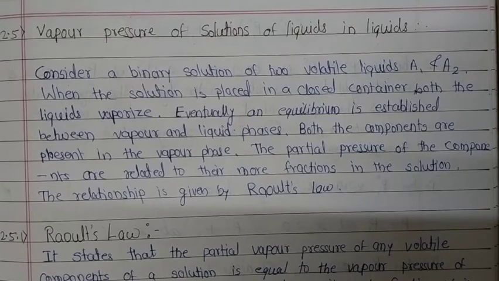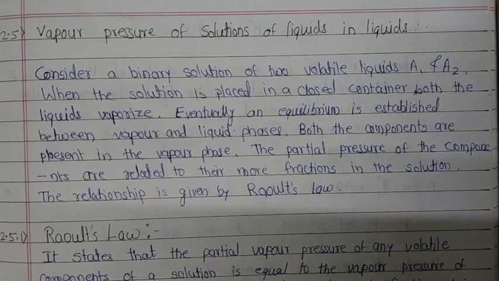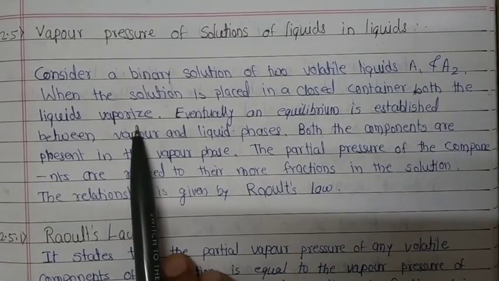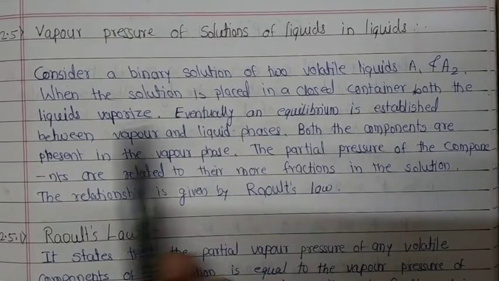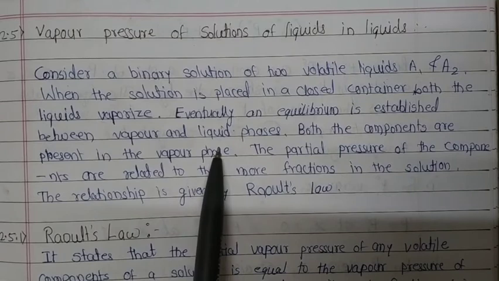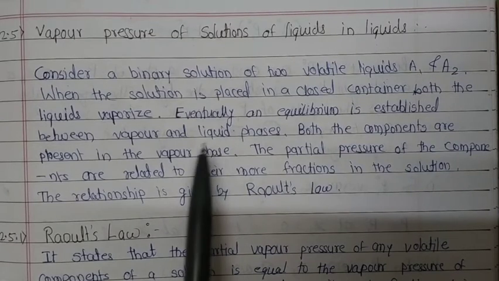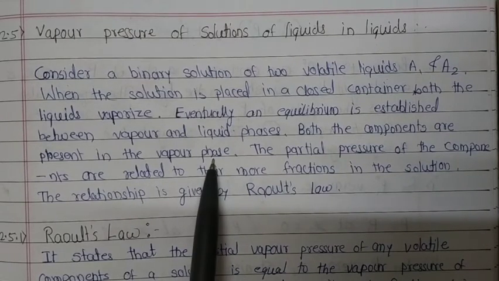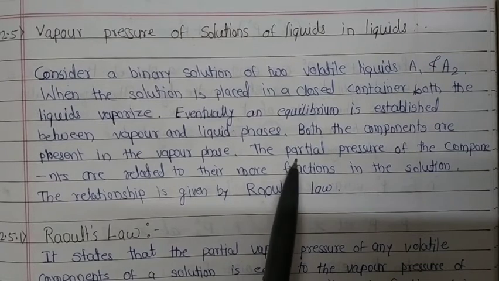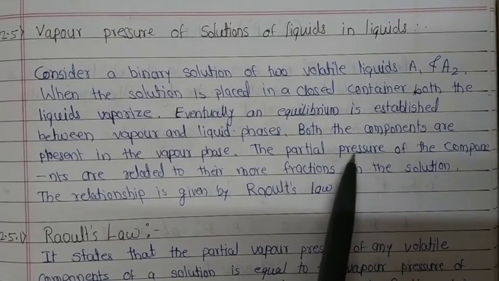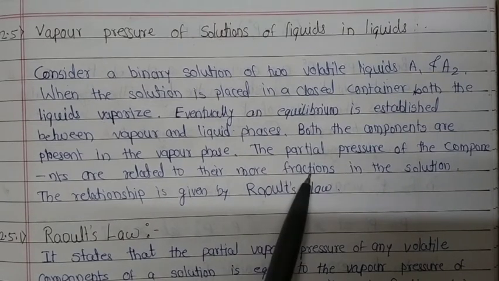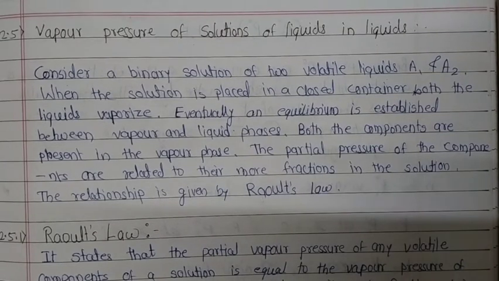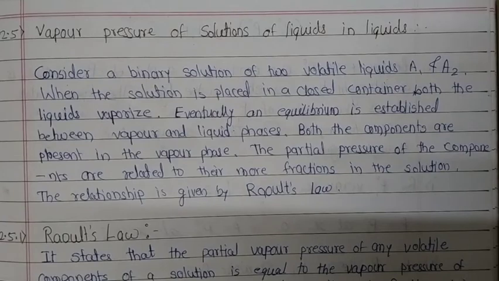As the liquids are volatile, both vaporize, and after some time equilibrium is established between the vapor and liquid phases, and both the components are present in the vapor phase. The partial pressures of the components are related to their mole fractions in the solution, and this is given by Raoult's law.